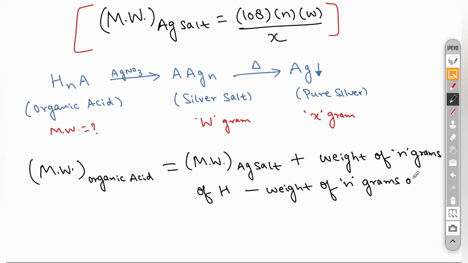Here there are n grams of silver, so minus the weight of n grams of silver.